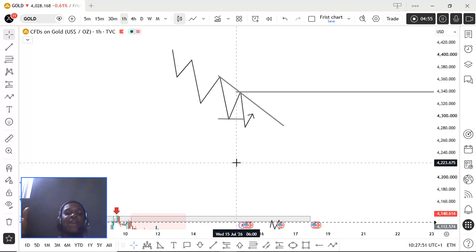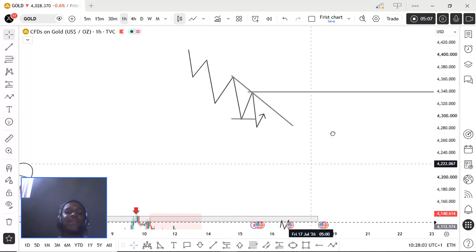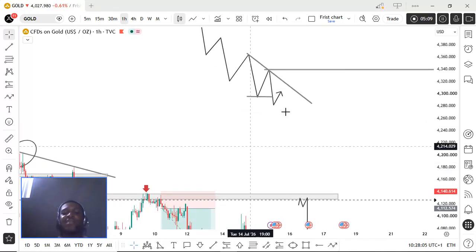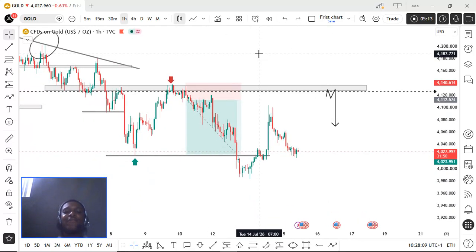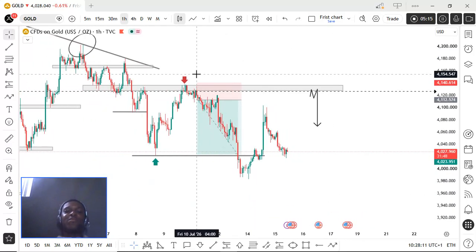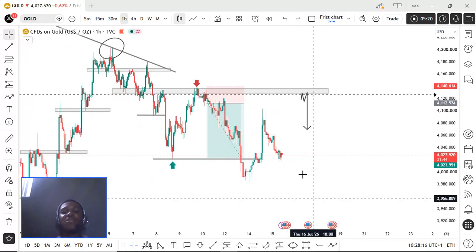But if yields are high, and currently yields are high right now, gold will not have momentum to push higher. Currently we're in fear, but more of commodity. The commodity that is in charge right now is oil. It's not metals. So gold does not have any fundamental to push up. You understand? So we're in a bearish trend right now.